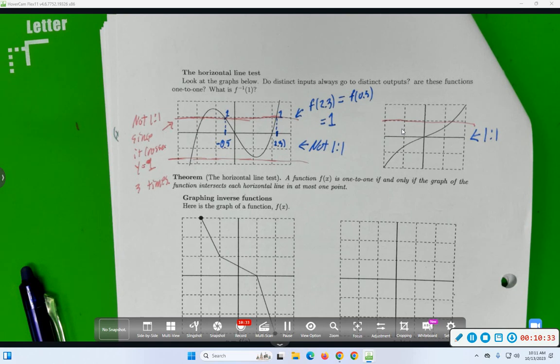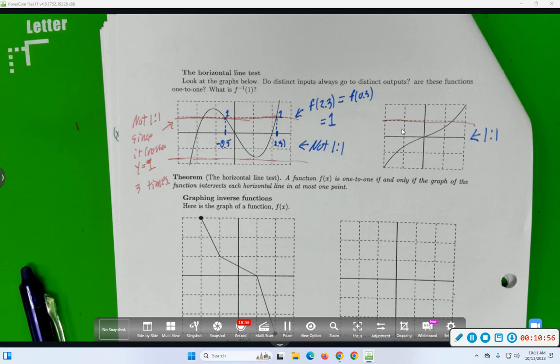Groovy. So that's one way of seeing if an inverse function exists. An inverse function exists if it's one-to-one, which is true if it passes the horizontal line test. So before you try finding an inverse function, if you have a graph, see if it passes the horizontal line test. If it fails, then you can stop and just say this thing doesn't have an inverse function.